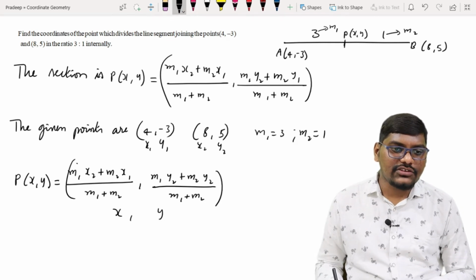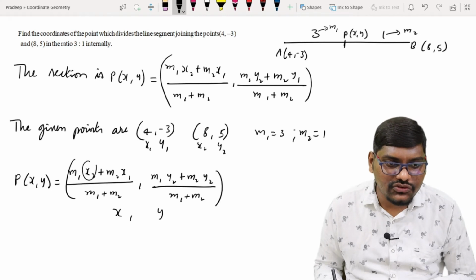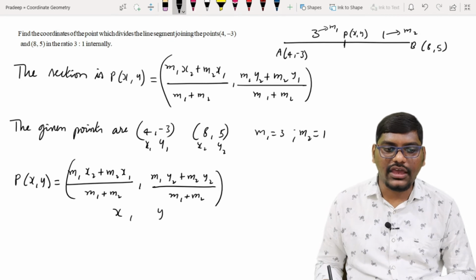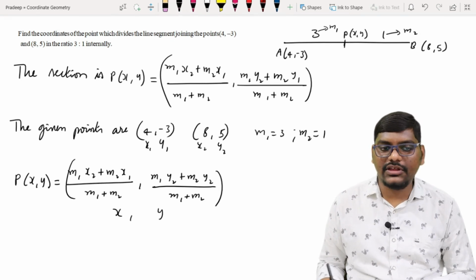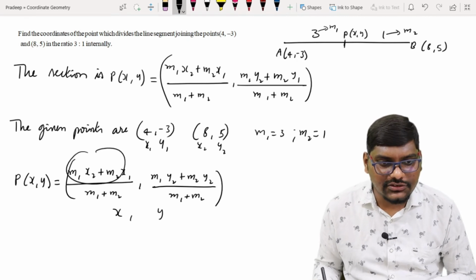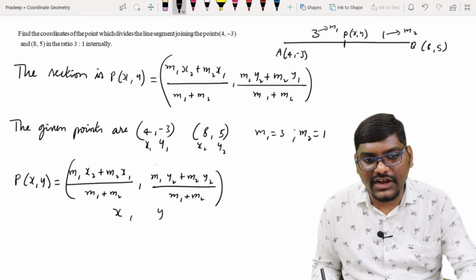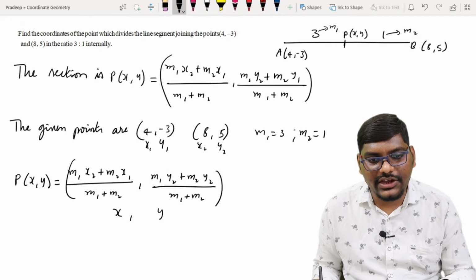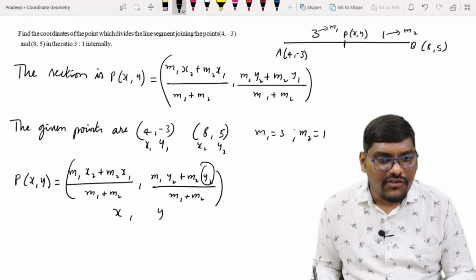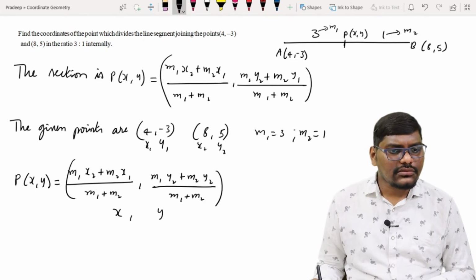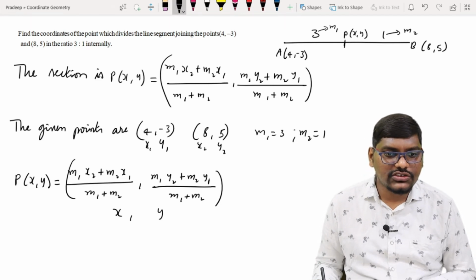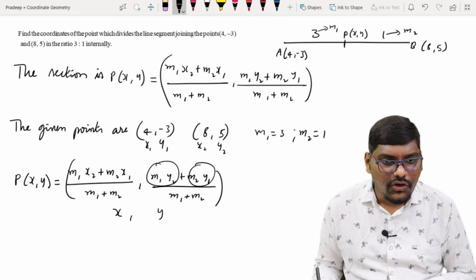You already started with 1, then the next thing is 2, so m1 x2 will be there, then m2 x1. In the denominator it is m1 plus m2, and here also the denominator is m1 plus m2, the same format. As m1 started, the second value will be y2, then m2, then y1. This is actually y1 not y2, so this is m1 y2, this is m2 y1. Okay, so this is very clear.